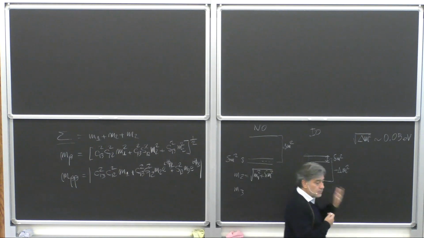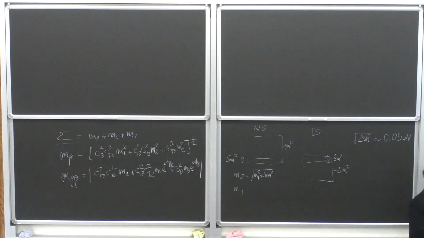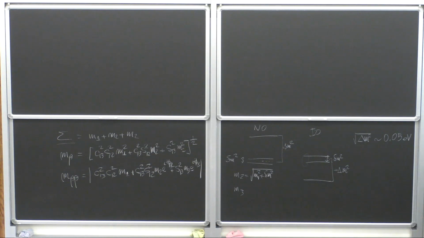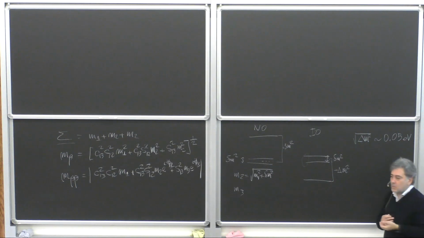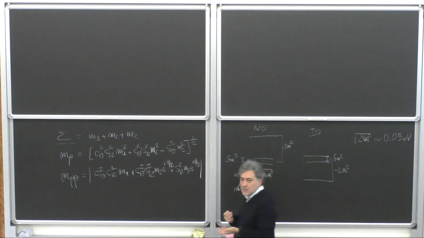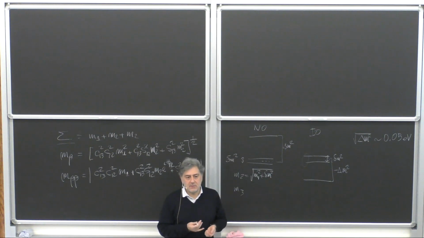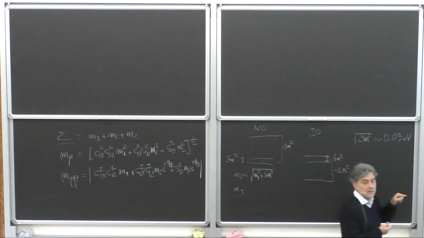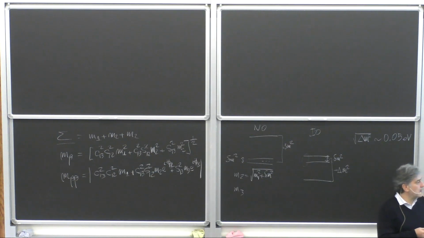But future experiments, let's say in 10 years, should start to investigate the region of the red plot here. So maybe we could have some hints about the existence of neutrinoless double beta decay that would indicate a Majorana mass for neutrinos.